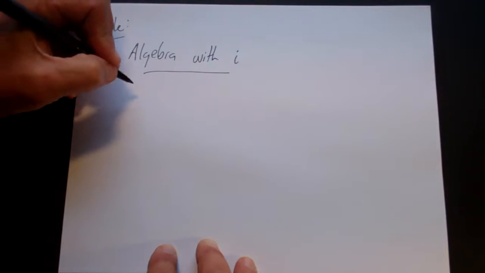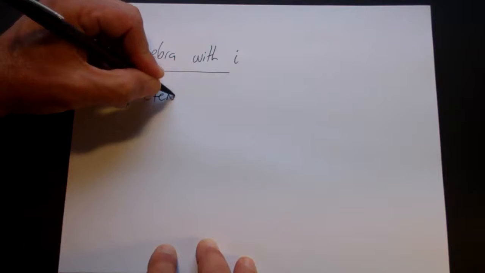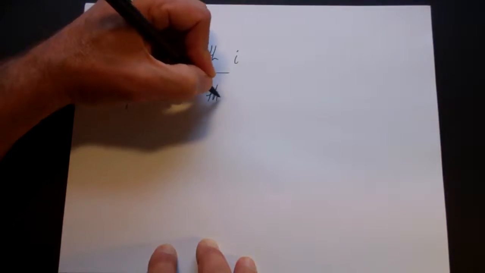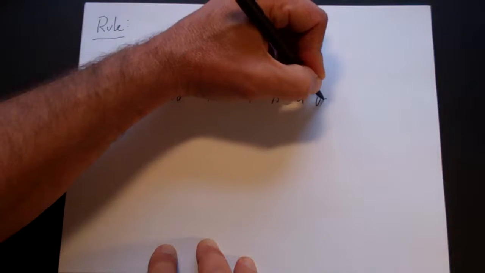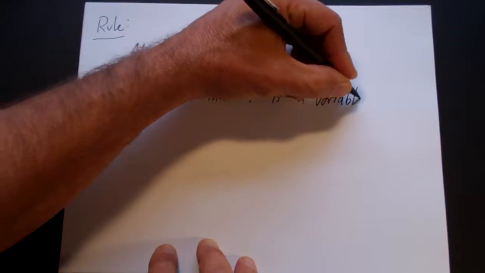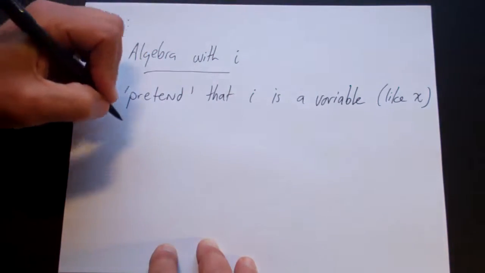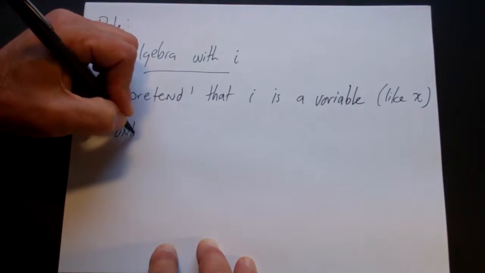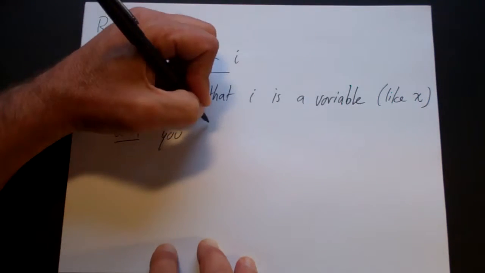To do algebra with i, you simply follow this rule. You pretend that i is a variable, like x, until you have i to a power.